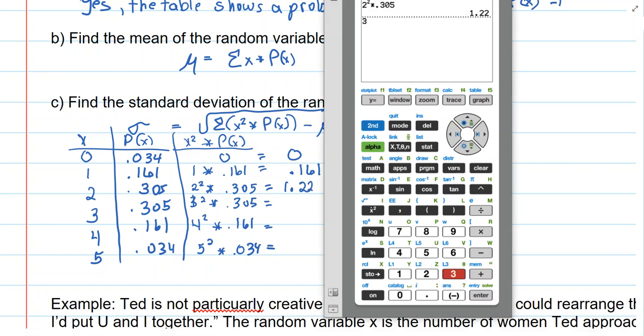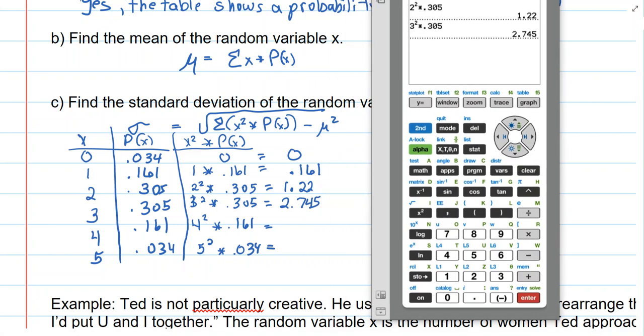Then I have 3 squared times decimal 305, which is 2.745. Then 4 squared times the decimal 161.